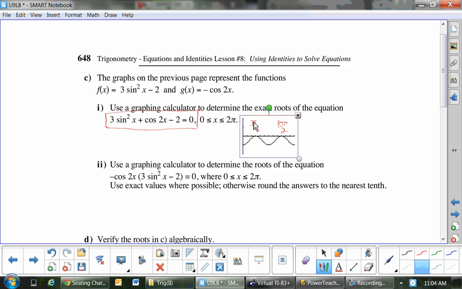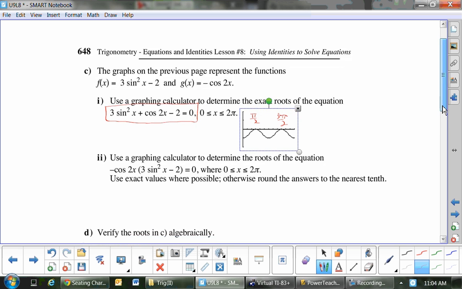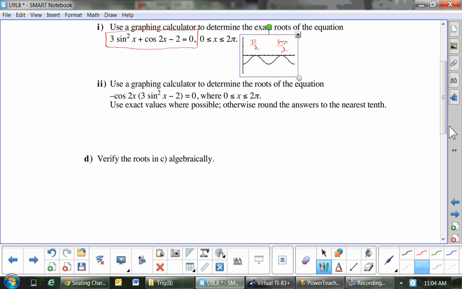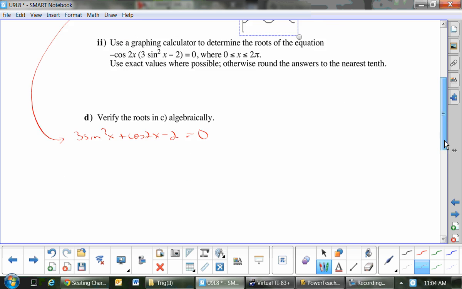Now, let's do this one algebraically. Okay, let's just write it out again. 3 sine squared x plus cos 2x minus 2 equals 0. Now, remember rule number 1.